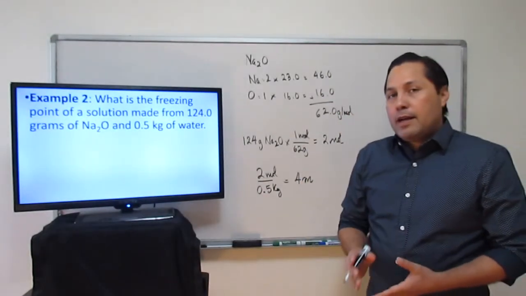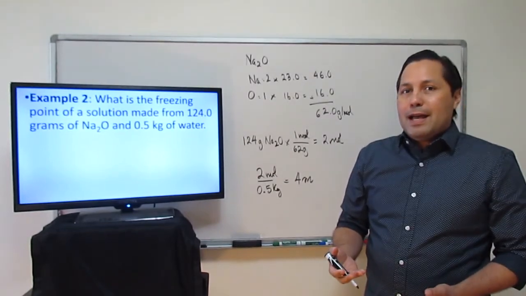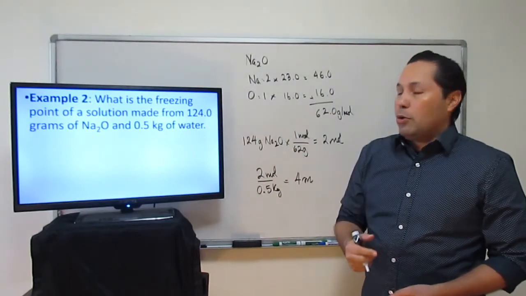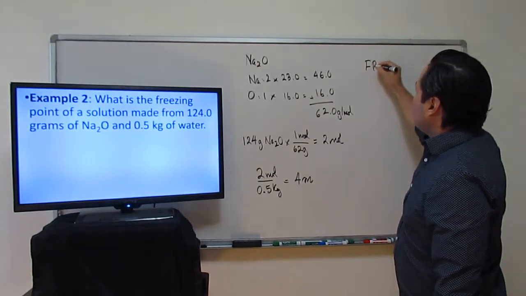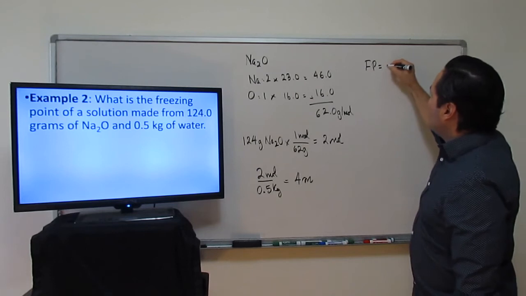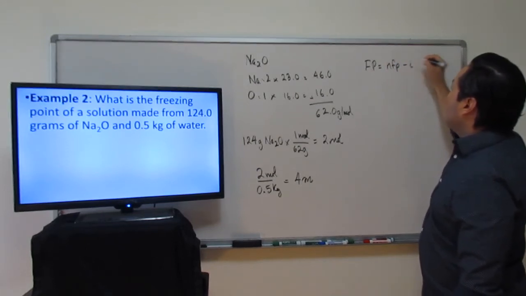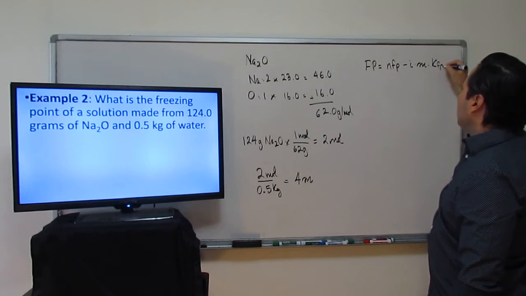All right, now that I know that, I can plug it into the formula, and it's going to give us the answer for, in this case, freezing point. So freezing point is as follows: the normal freezing point, which I'll just put as NFP, minus the Van Hoff constant times the molality times the constant for the freezing point.